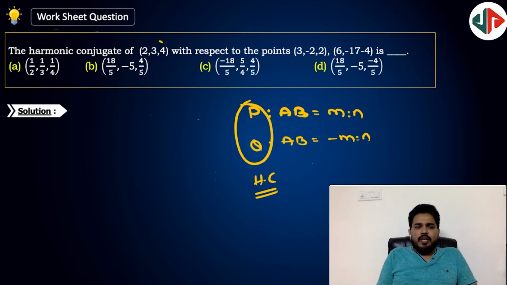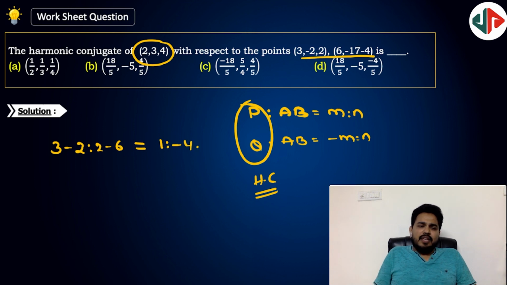So first of all, what is the ratio in which this point is dividing these two? That is 3 minus 2 is to 2 minus 6, which is equal to 1 is to minus 4. Now the required point Q divides AB in the ratio of 1 is to 4.